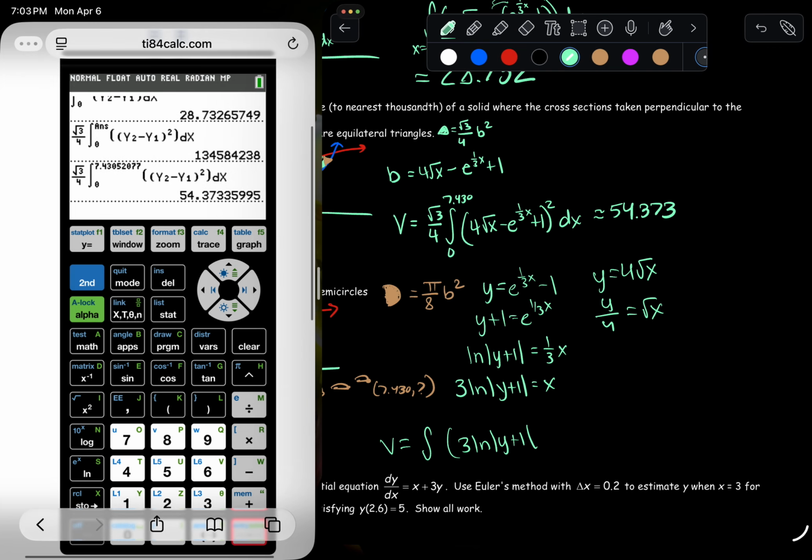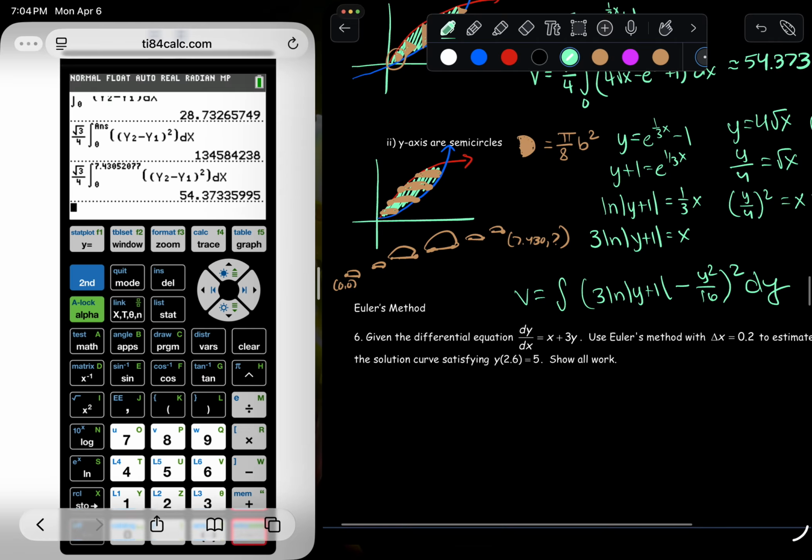So we have y divided by 4 squared, which is equal to x. So we get y squared over 16, which is equal to x. Okay, so now this is the lower bound, so we will subtract that. So minus y squared over 16, and then all of this is squared dy.